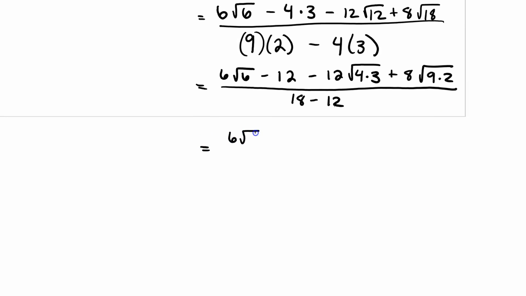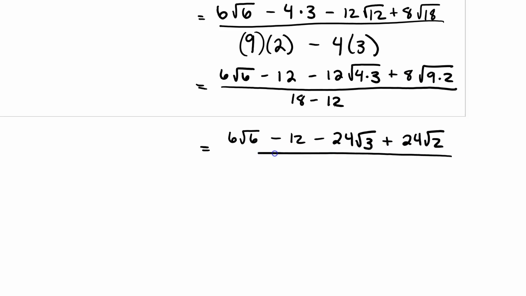So 6 root 6 minus 12, the square root of 4 is 2, times 12 is 24, root 3, because that's what's left over under the radical sign, the radicand is 3, plus 8 times the square root of 9, which is 3, so 24 root 2, all over 18 minus 12, which is 6.